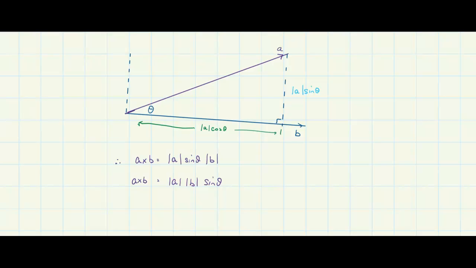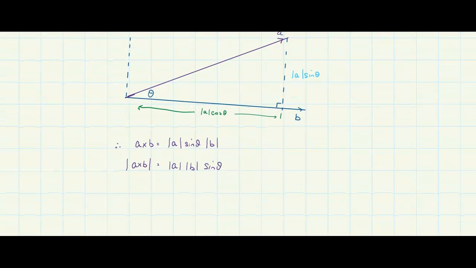It's not a vector though. That's still a quantity. That's a value. So what we've got there is the magnitude of A cross B. A cross B itself is a vector. A cross B is equal to all this.